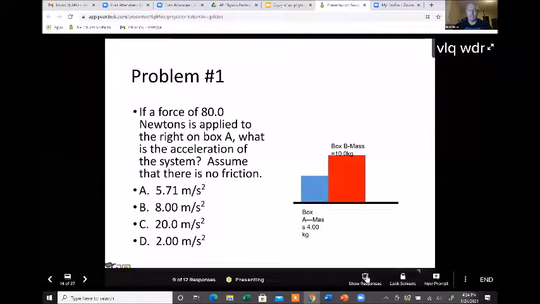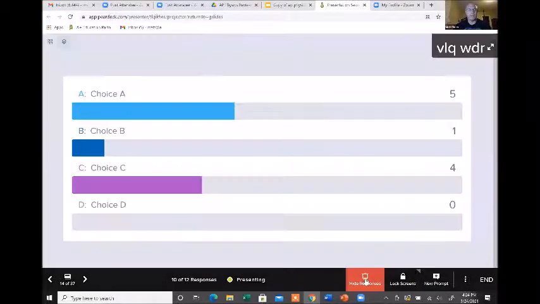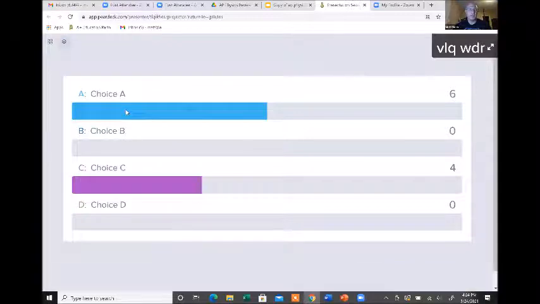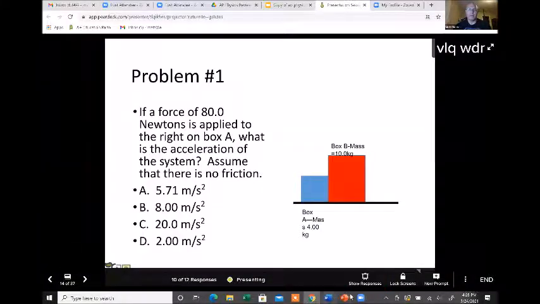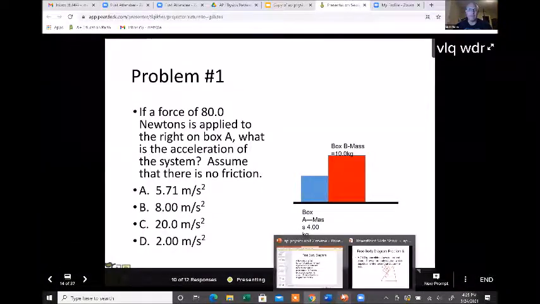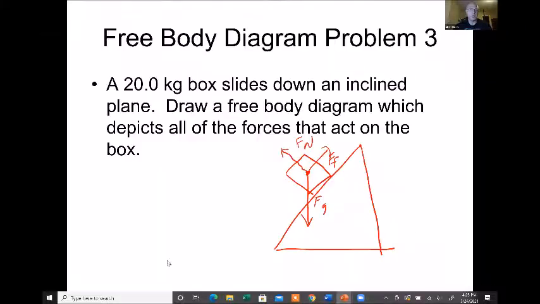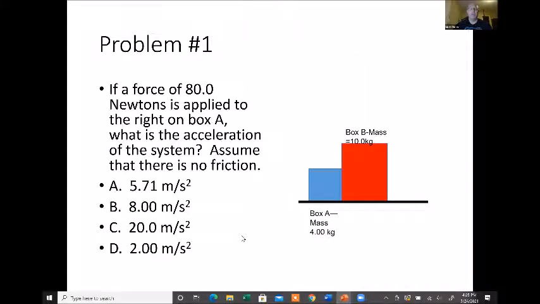I want to take a look and show you guys what you're thinking right now. So here are the responses. It's looking like most of you are saying either A or C. We've got lots of A's and quite a few C's. Now I'm going to go back to the PowerPoint screen so that I can write. Let's think about this.